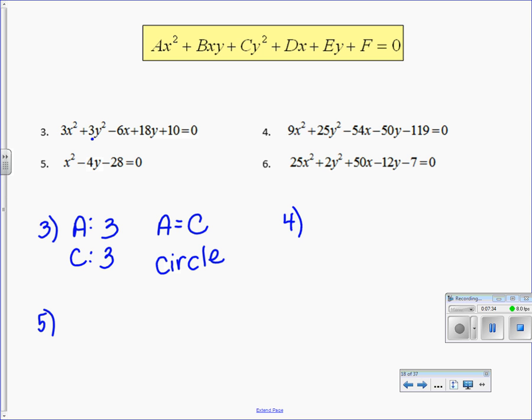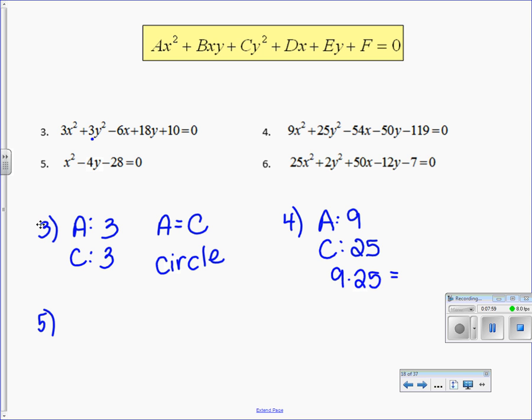Okay? Number 4, we've got 9x squared plus 25y squared minus 54x minus 50y minus 119. So again, the number in the A position is 9. The number in the C position is 25. So notice they're both positive. They're not equal. So that means we're going to multiply.